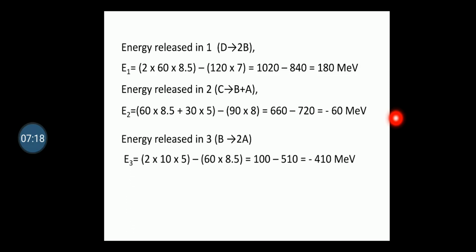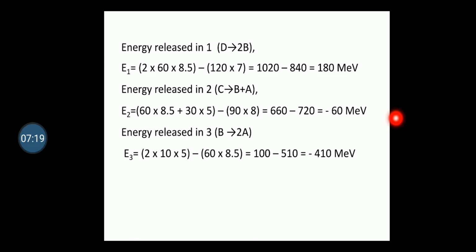Similarly, energy released in third reaction, that is B forming 2A, can be calculated as E3 equals 2 into mass number of A into its binding energy minus mass number of B into its binding energy, which is equal to 300 minus 510, which is minus 210 mega electron volt.